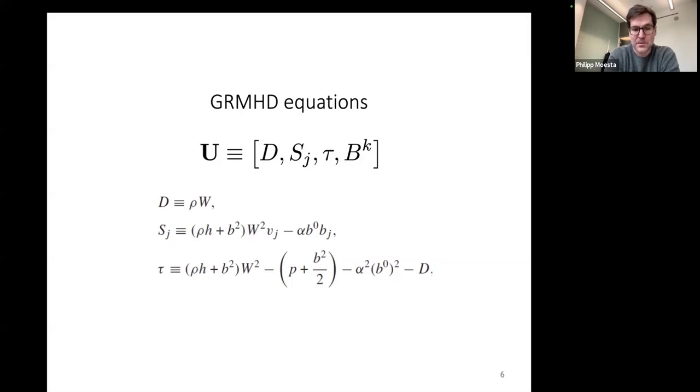This term b squared that you see in that first bracket, where it's rho times h, which is density times the enthalpy, plus b squared, that is also a special quantity in the sense that it has a physically intuitive meaning, and that is what we call the magnetic pressure. So b squared over 2 is the magnetic pressure. And that is something, for example, that we can use to compare to the fluid pressure to figure out how magnetized the system is.